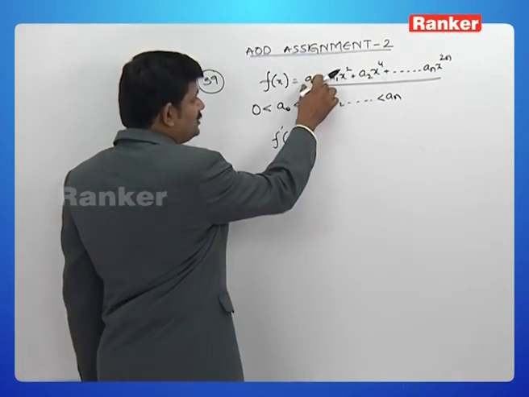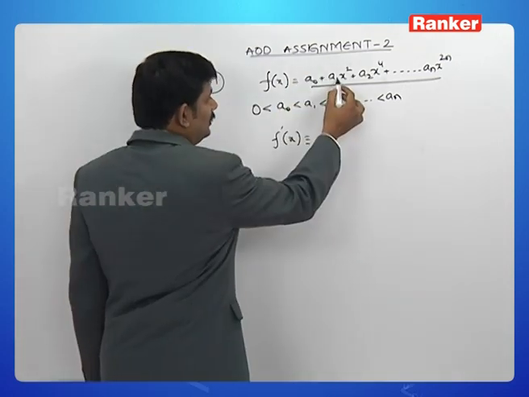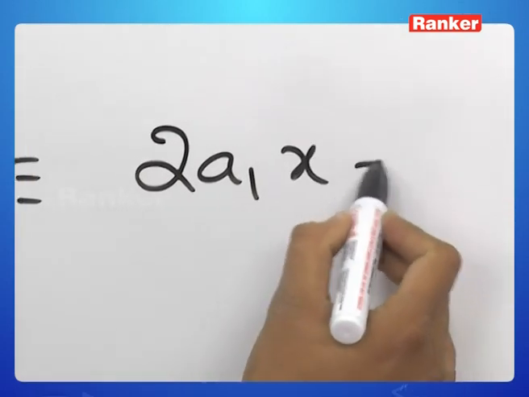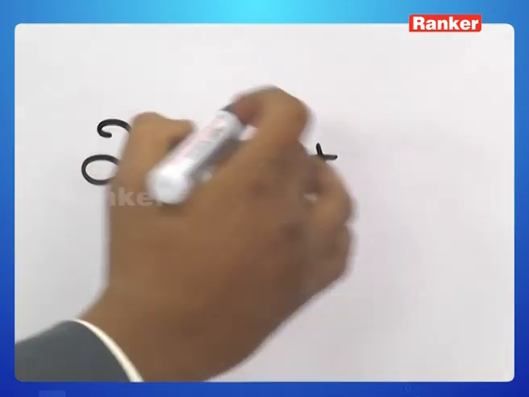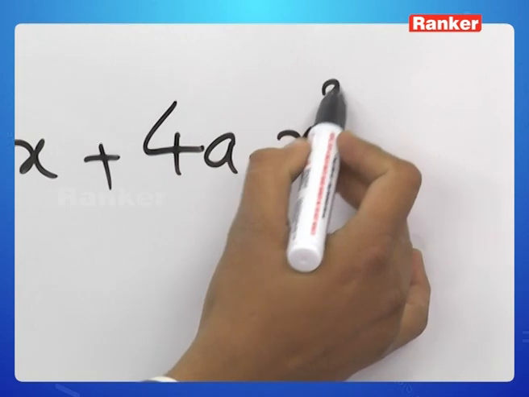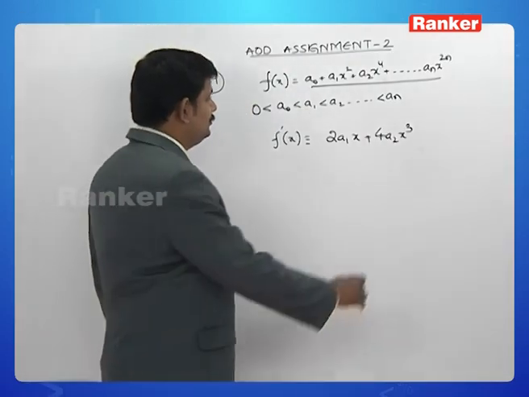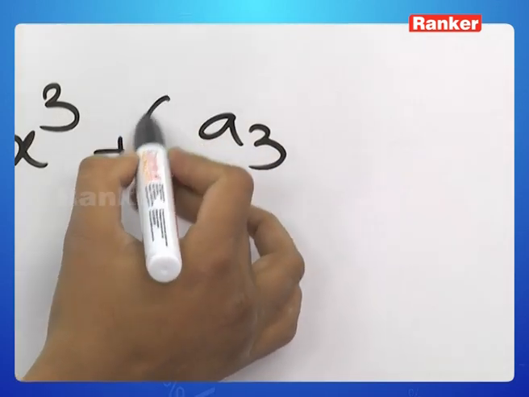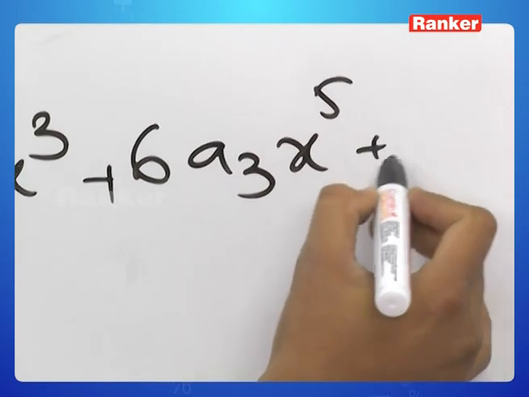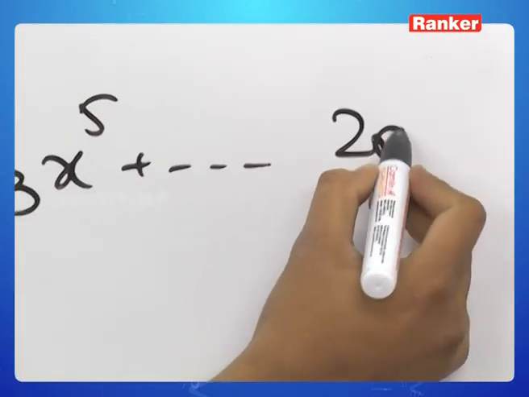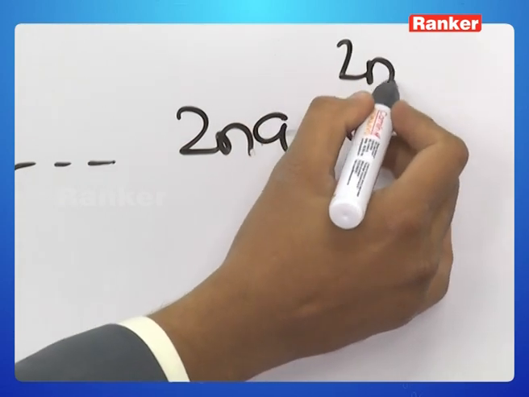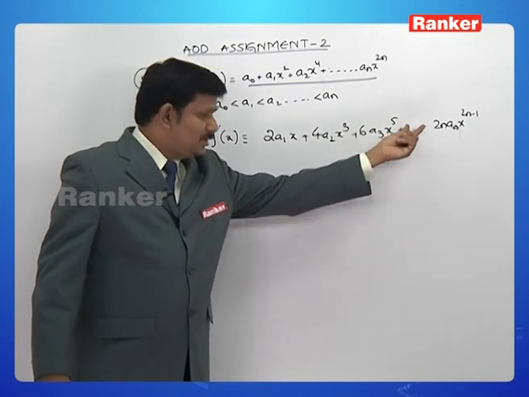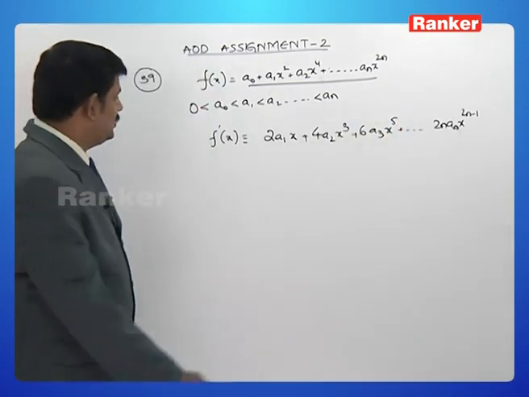F dash of x would be: differentiate a0, derivative is 0; a1 into derivative of x square is 2x, 2a1 into x; plus 4a2 into x cube, derivative of x power 4 is 4x cube; plus next term would be a3 x power 6, derivative of x power 6 is 6x power 5; so on up to 2n an into x power 2n minus 1. So, in this we have all odd powers of x.